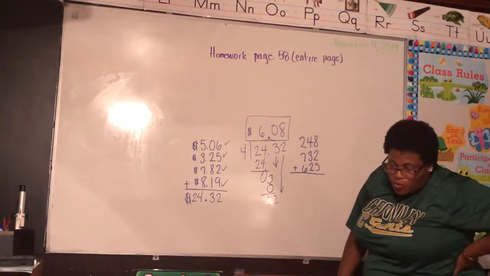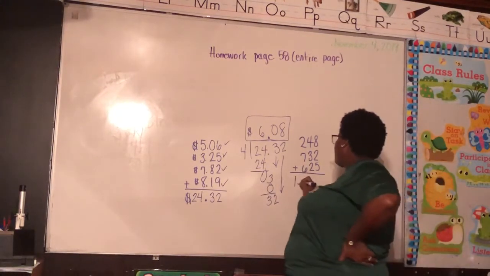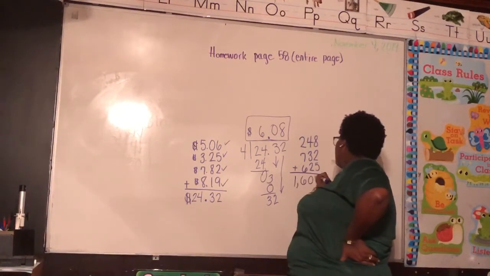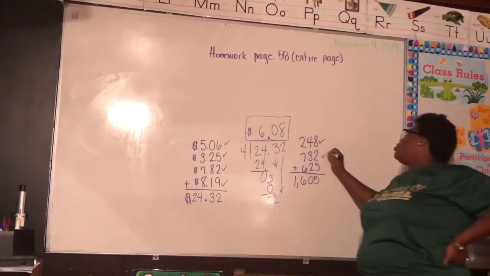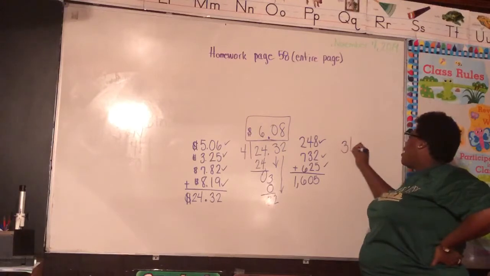The next answer is 1,605. Count your sets, 1, 2, 3, and divide by it.